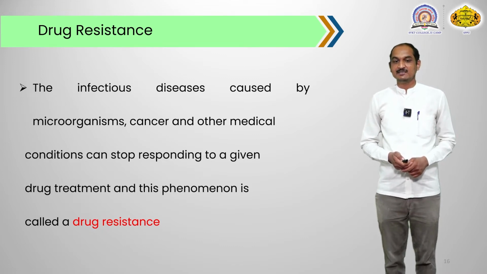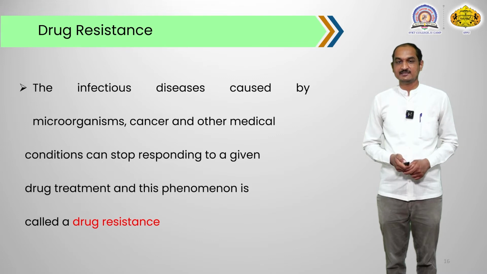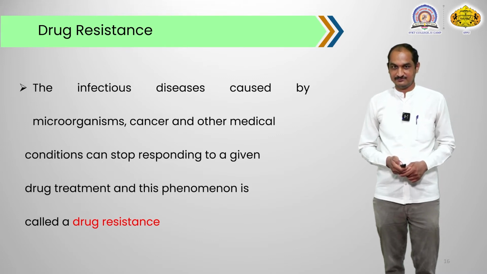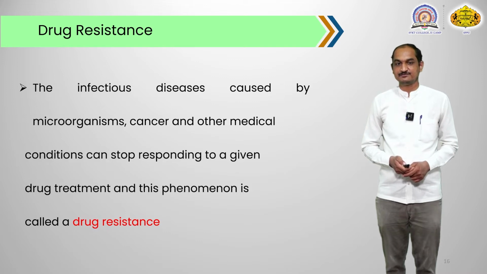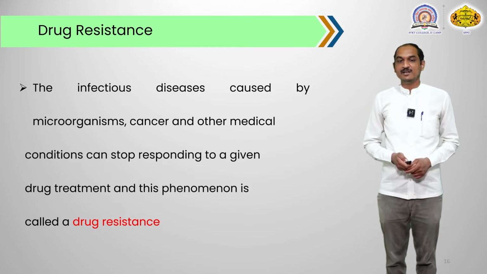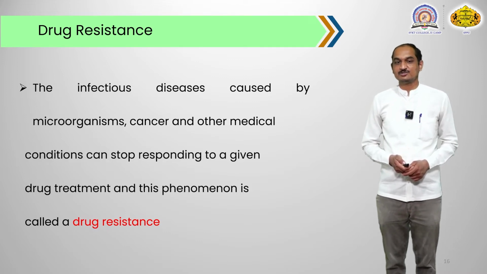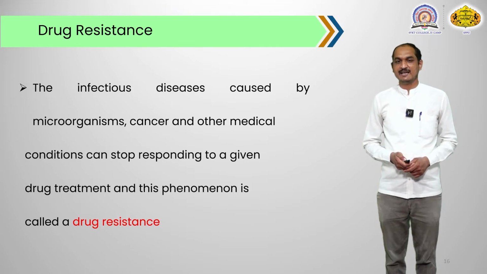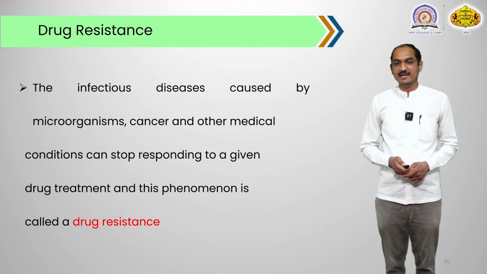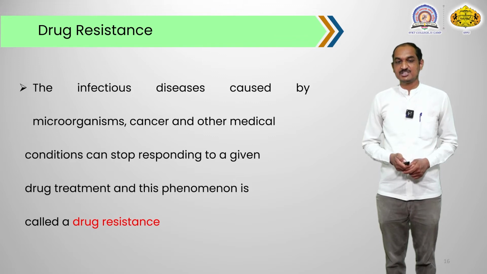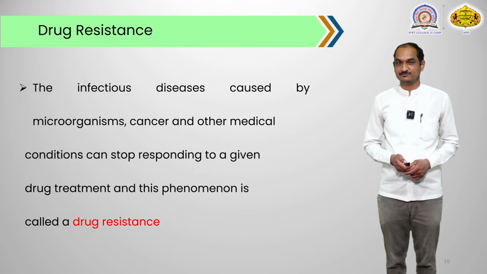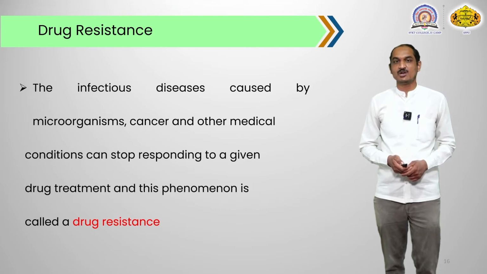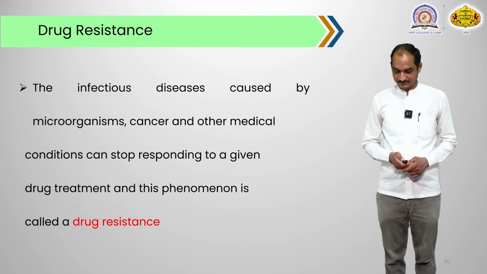And this phenomenon is called drug resistance. Once again I repeat the definition of drug resistance. The different infectious diseases caused by microorganisms, cancer, and other medical conditions can stop responding to a given drug treatment, and this phenomenon is called drug resistance.